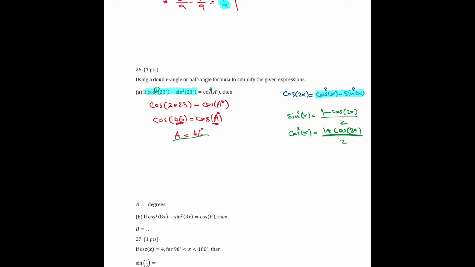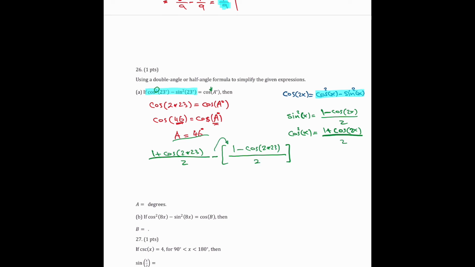So cosine square 23 using the reduction formula is equivalent to 1 plus cosine 2 times 23 over 2, minus, open parentheses, sine square, which is 1 minus cosine 2 times 23 divided by 2.